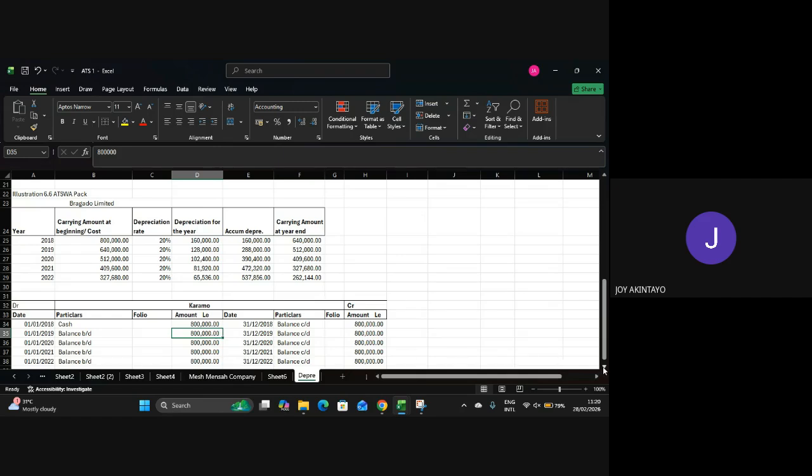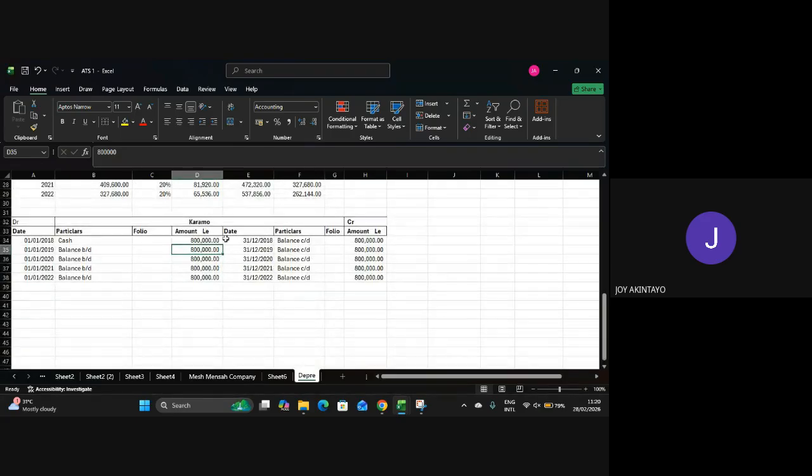So any question? So what's the next ledger we need to open? This one is depreciation, not equipment. Depreciation, no, equipment account. Hope you understand that. Do you understand? So the next thing is to what?